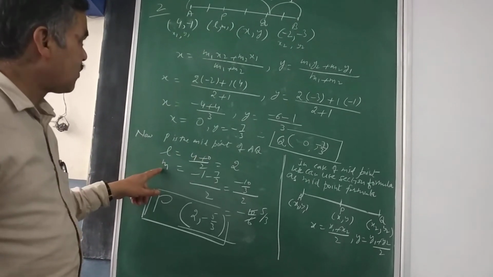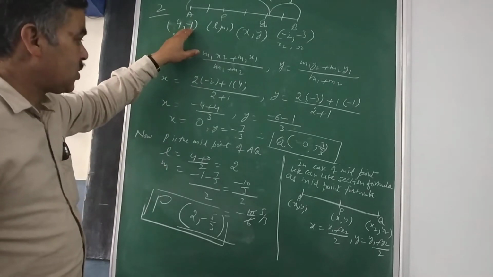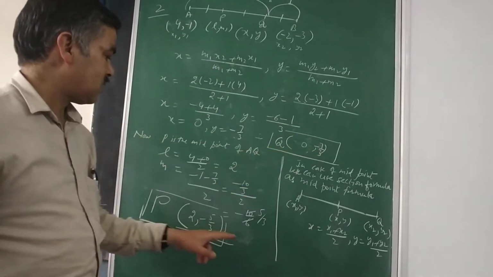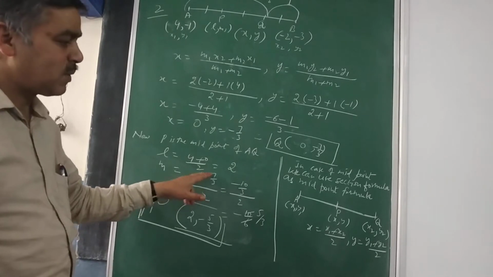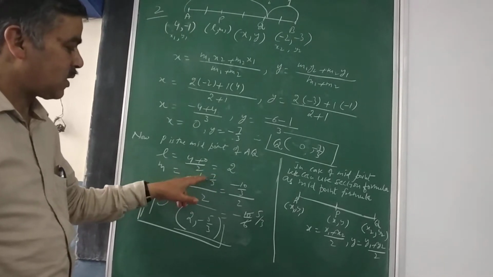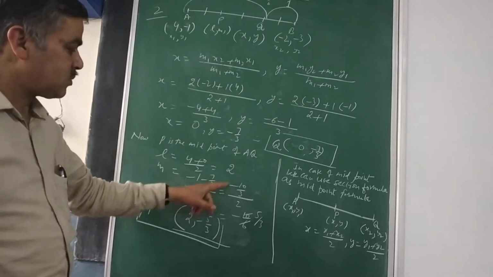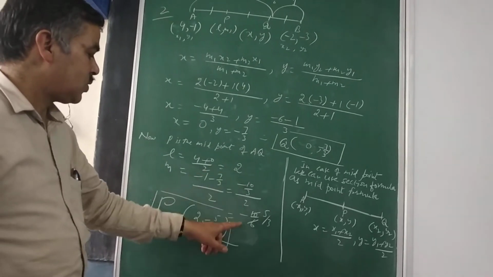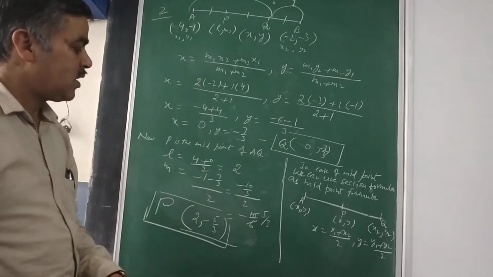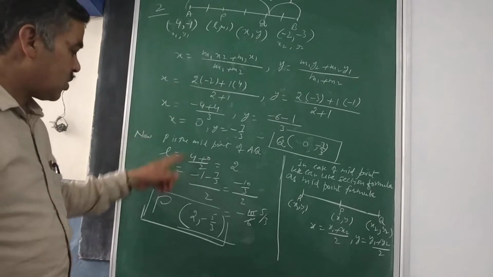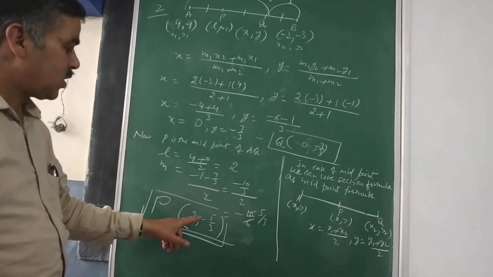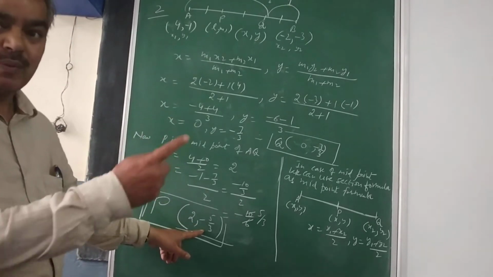And in case of y, y1 is minus 1 and y2 is minus 7 upon 3. So minus 1 plus minus 7 upon 3 means minus 1 minus 7 upon 3, that is minus 10 upon 3. We will do the calculation, and that comes to minus 5 upon 3. So the coordinates of P will be equal to what? (2, -5/3).